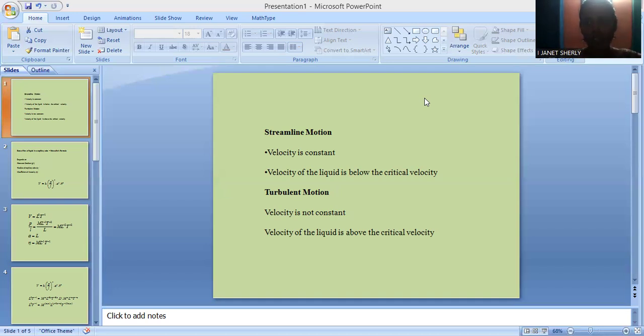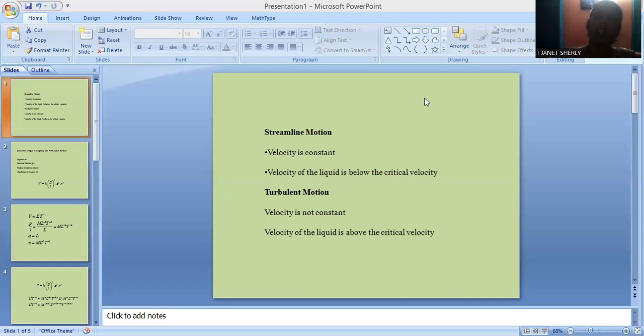So now I'm just going to assume a pipe through which a liquid is allowed to flow. At each point, the velocity of the liquid is going to be different, and after a particular time, the velocity of the liquid is going to be constant everywhere.